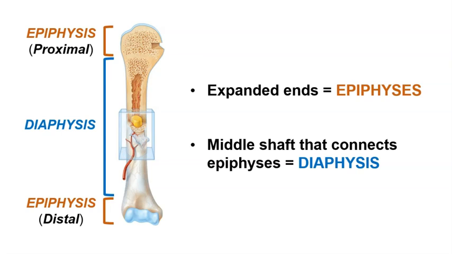The diaphysis is a tube-like portion of the long bone that serves to connect the two epiphyses to one another. The walls of the diaphysis are typically thickened, and generally they're mostly constructed from compact bone, and usually there's very little spongy bone found within the interior of the diaphysis.